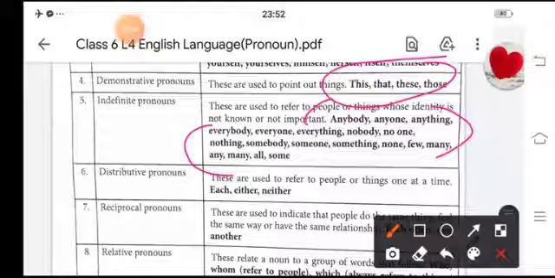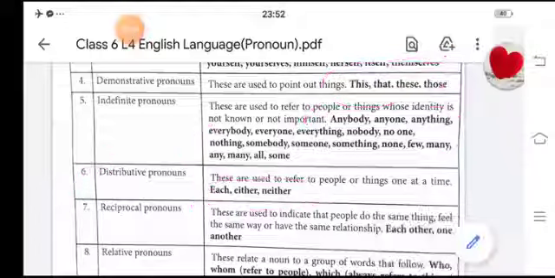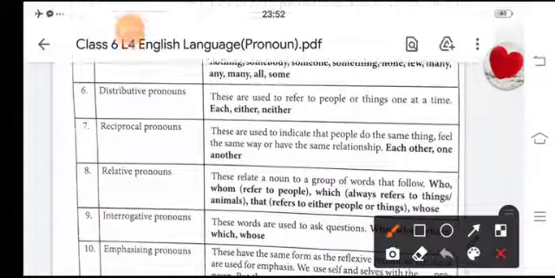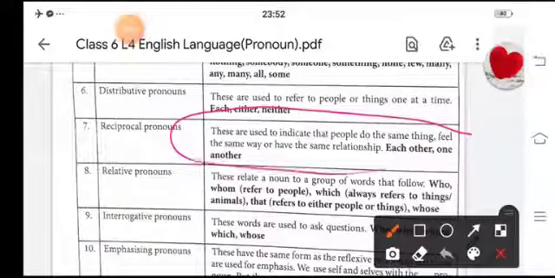These words are all indefinite pronouns. Distributive pronouns: each, either, neither. These are used to refer to people or things one at a time. Reciprocal pronouns: each other, one another. These are used to indicate that people do the same thing, feel the same way or have the same relationship.